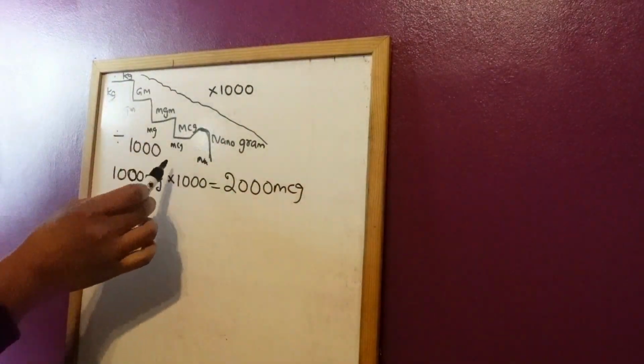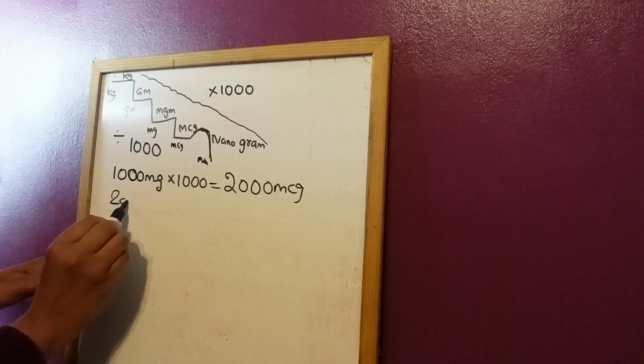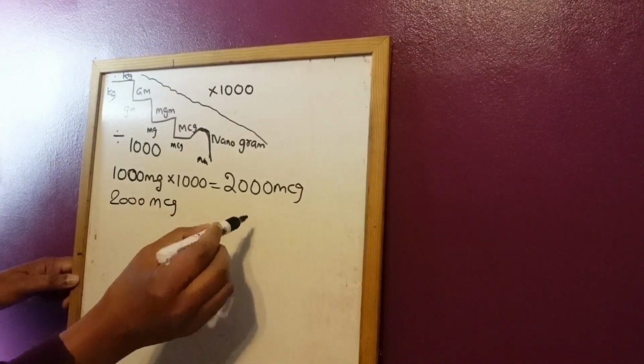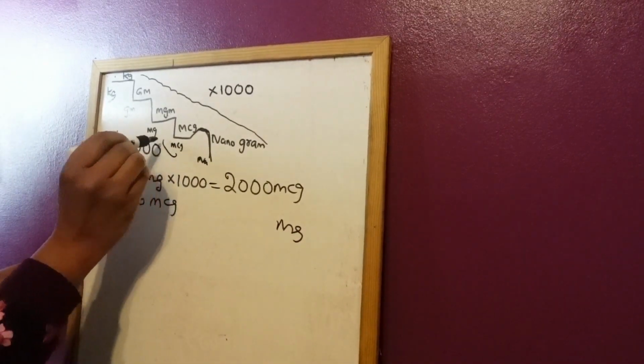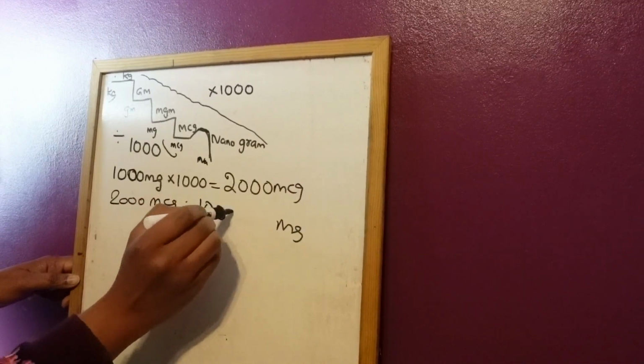Same thing, if you have 2000 microgram and you need to convert to milligram, so microgram to milligram, what you do, you divide it by 1000.